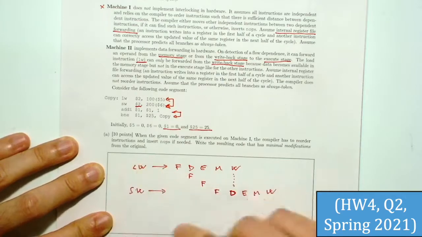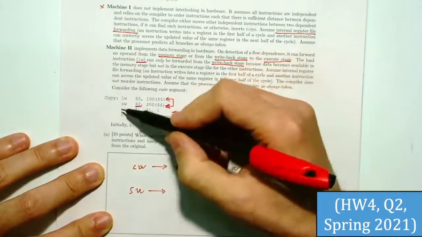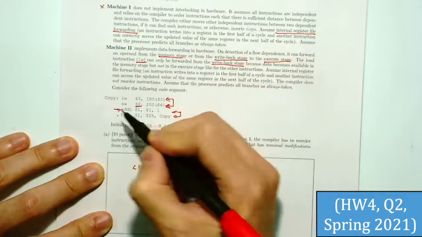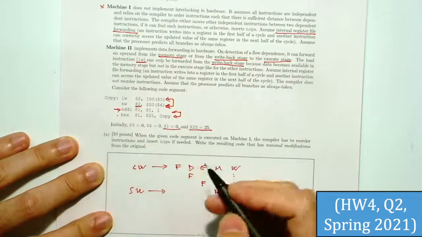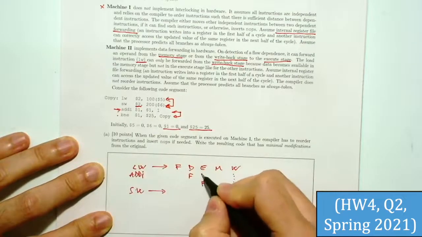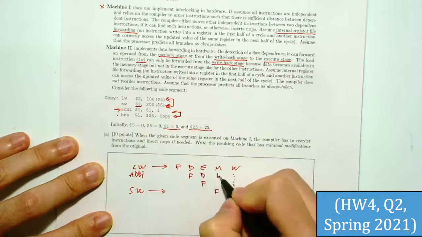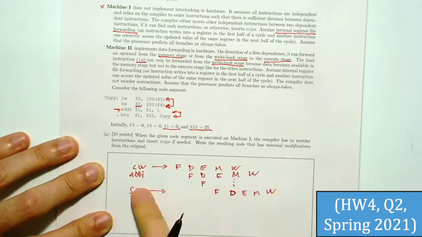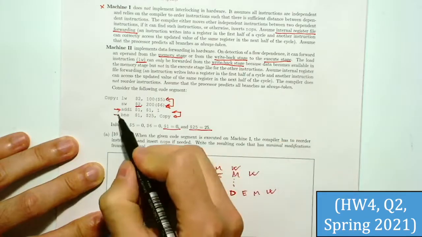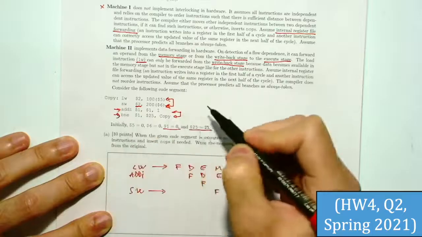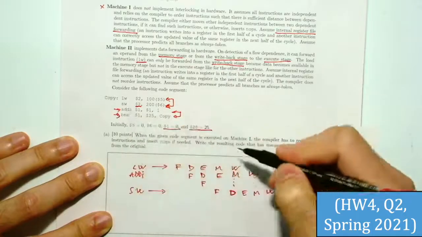So let's see if we can reorder the next instruction. We see that these two instructions are independent of the previous one. So we can insert this addi before. So we can put this addi here, right? And then we cannot put the branch, since the branch is dependent on the addi.